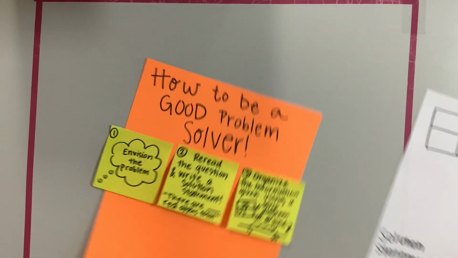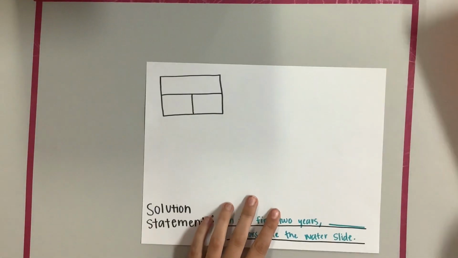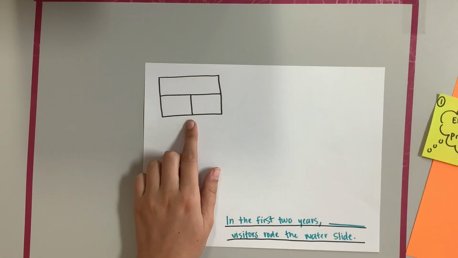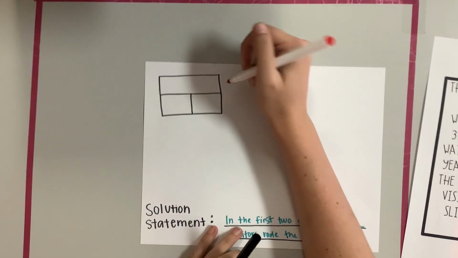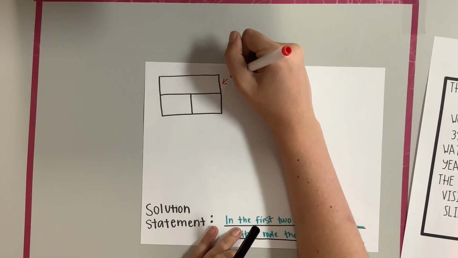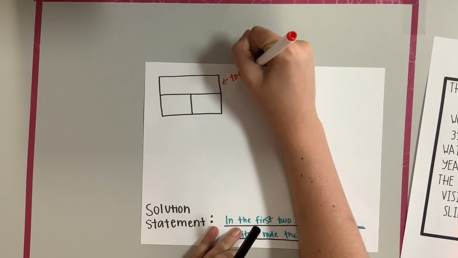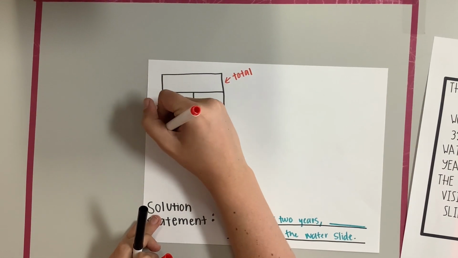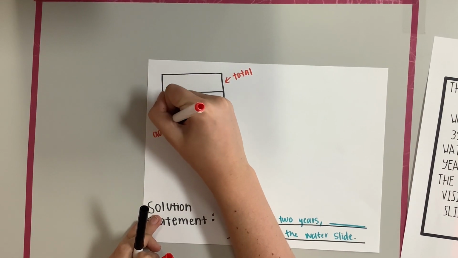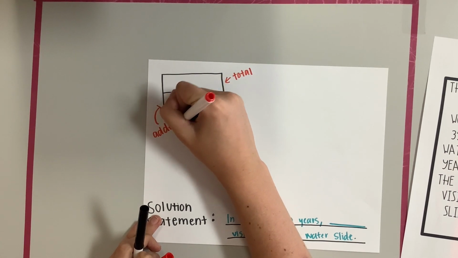So right here, I have what's called a strip diagram. And I'm gonna fill this in with the information that's given to me. So at the top of the box, that's gonna be my total. And in these two boxes, I'm gonna put the numbers that I have to add together to get that total.